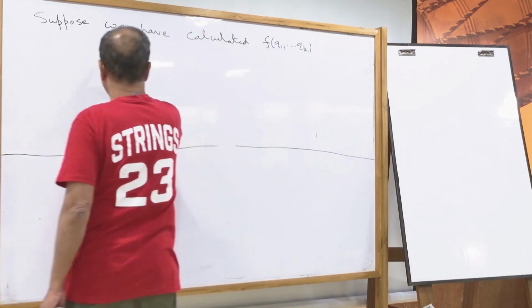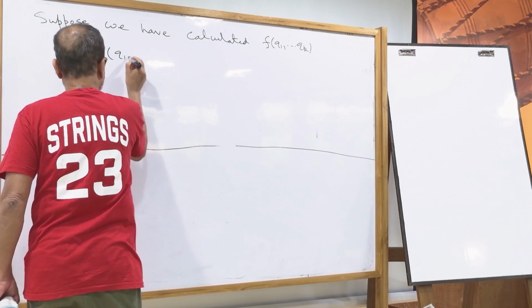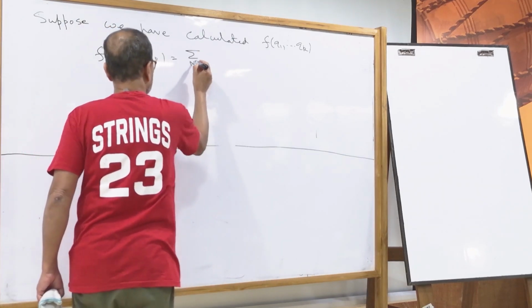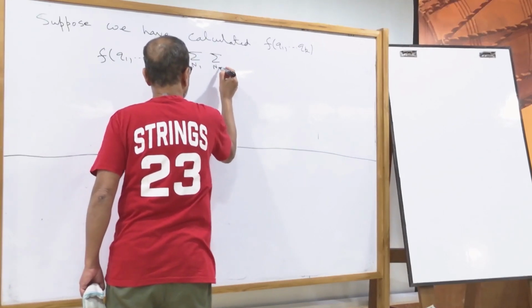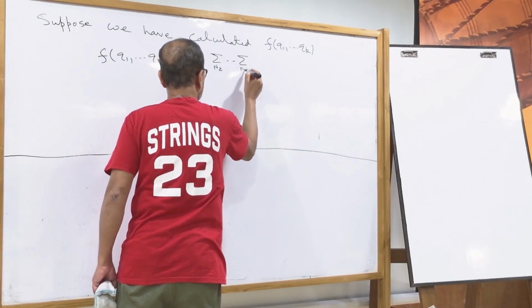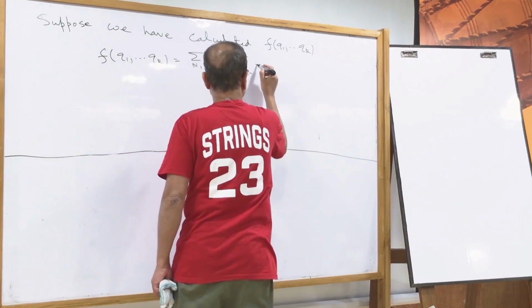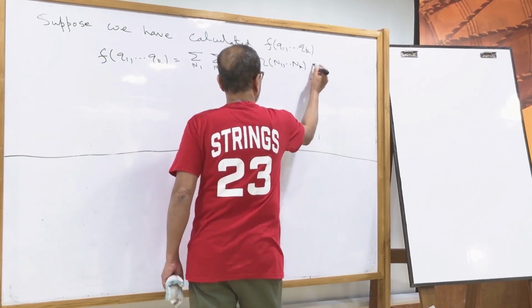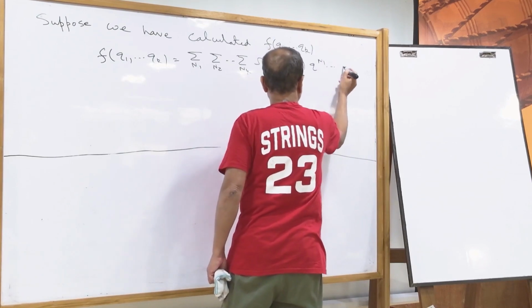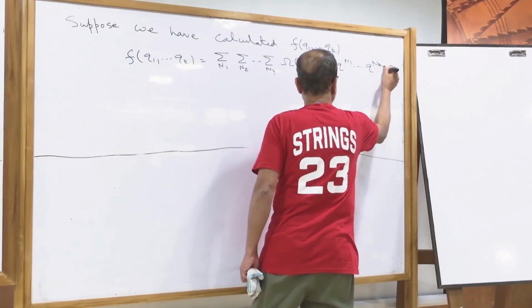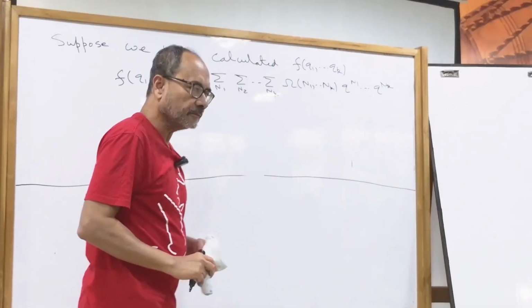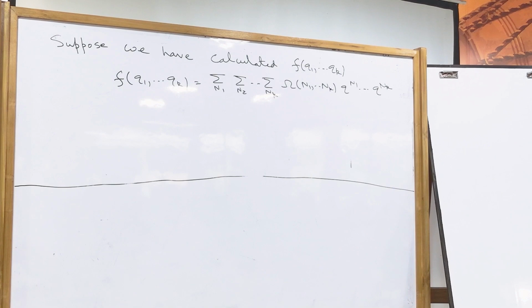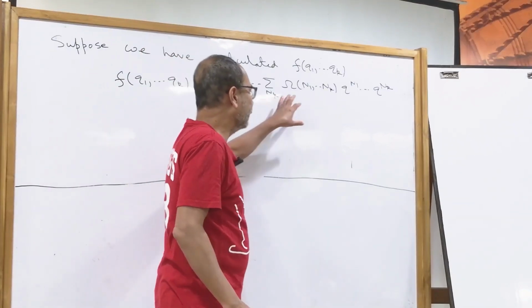And f is related to omega by this expansion. So, the question is, and here from now on, I will only talk about the index, right?